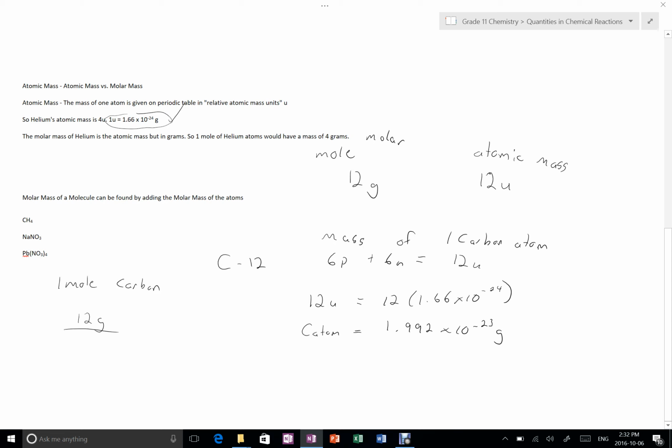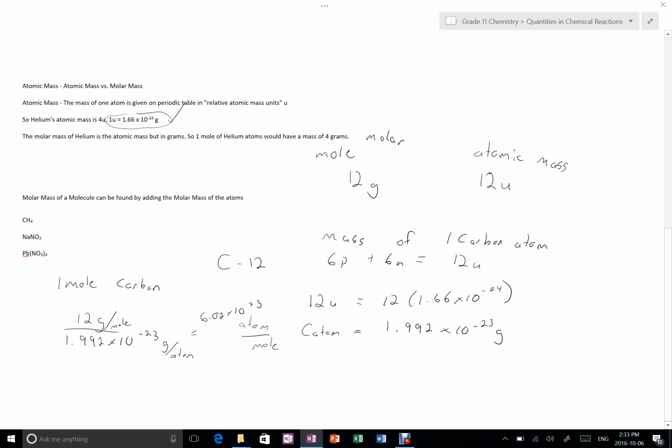If I know 1 carbon atom has a mass of 1.992 times 10 to the negative 23 grams, this is grams per mole, and this is grams per atom, then I can figure out how many atoms per mole there are. 12 divided by that answer gives us 6.02 times 10 to the 23 atoms.